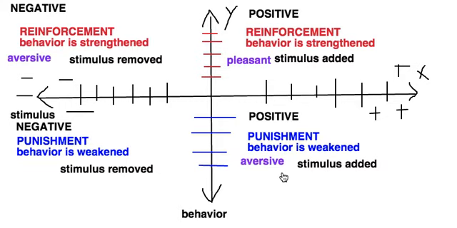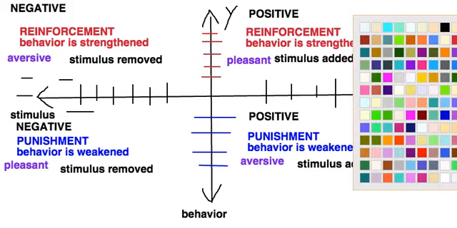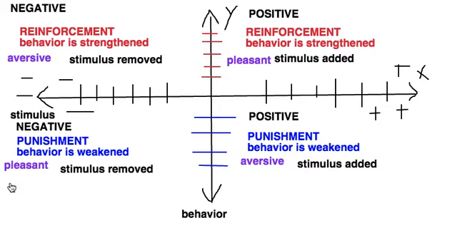So they add an annoyance to get you to come home late less frequently, or weaken your late behavior. In negative punishment, typically a pleasant stimulus is removed. So how do your parents get you to stop coming home late using negative punishment? They might remove your cell phone and say, we're going to take away your phone, so you need to stop coming home late, and you come home late less because you don't have your cell phone.